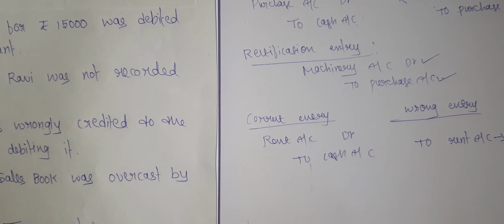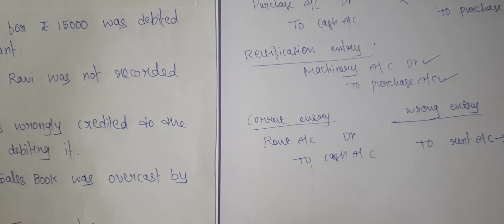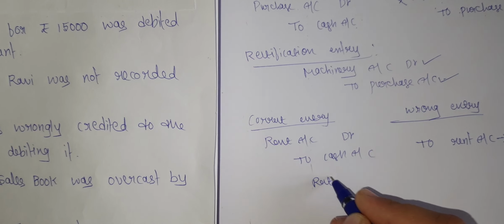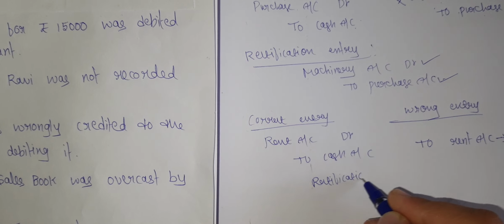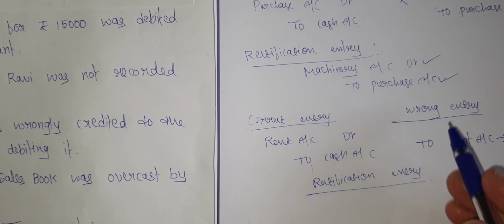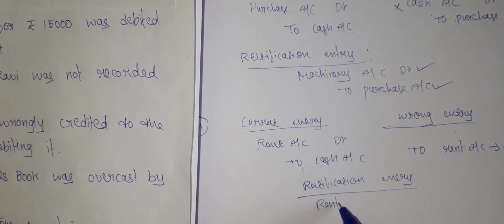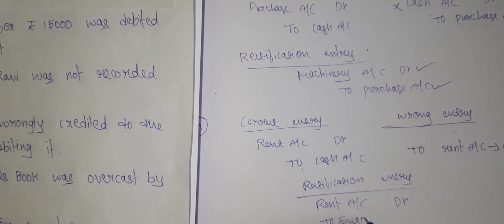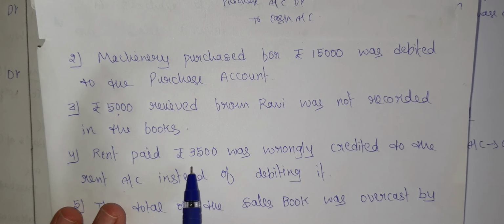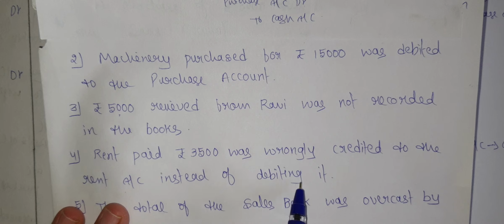Now what do we have to do? What is the rectification entry? Our rectification entry is that we have to debit the rent account and credit the suspense account. Why the suspense account here? They said rent paid rupees 3,500 was wrongly credited to the rent account instead of debiting it.